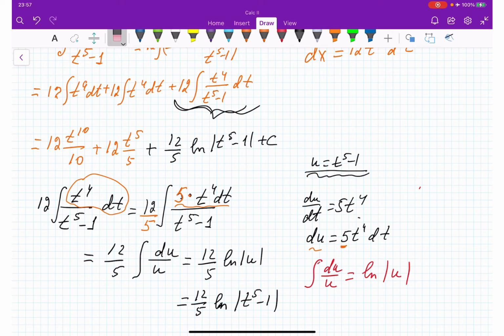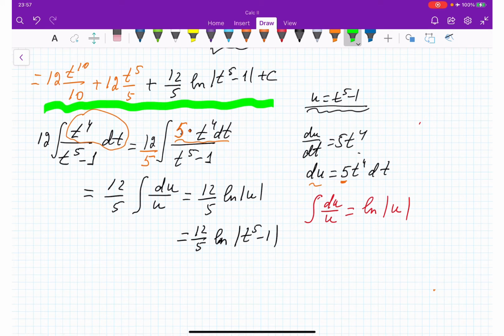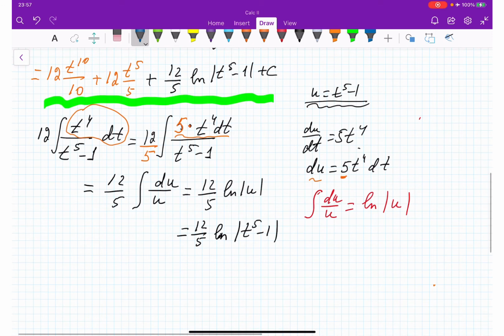Okay, so we have this answer so far, and now the final step is to move back to our original x, right? To our value of x. So let me write it down. Well, okay, I can do it without rewriting.